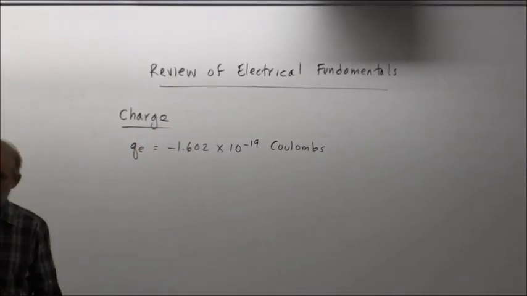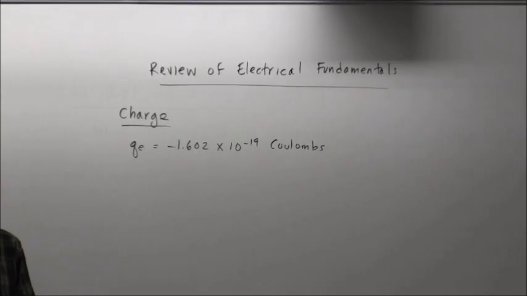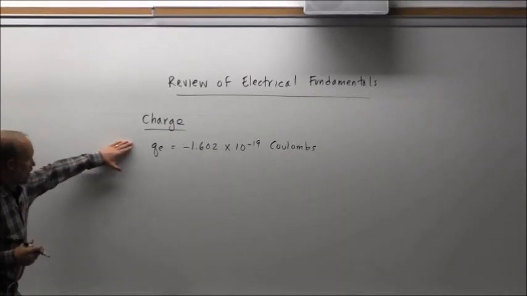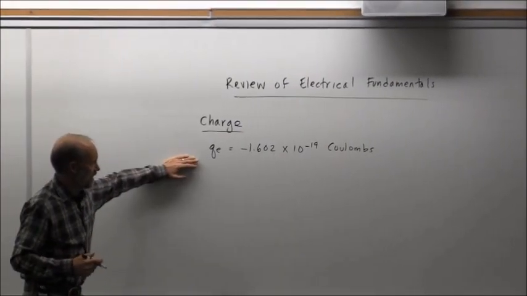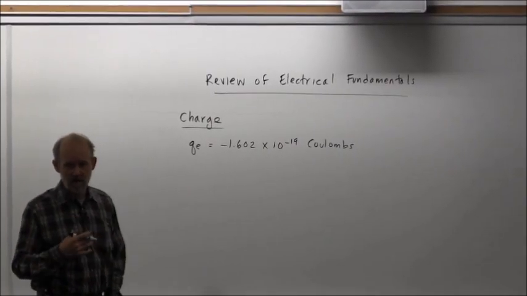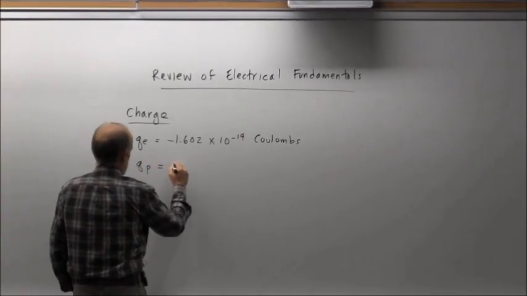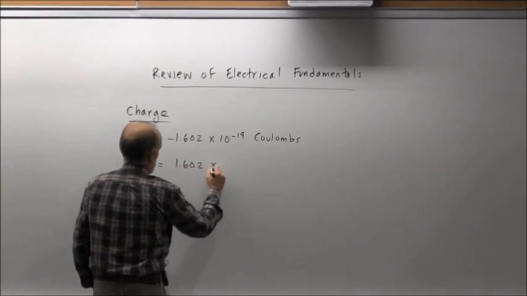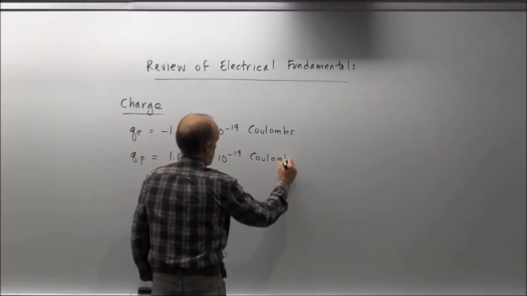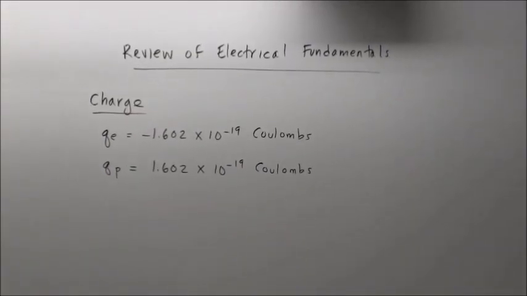I just want to make sure as we get started that everybody's on the same page, that we essentially have the same understanding, the same perspective. So just a couple of quick things to review. Charge on an electron is given as negative 1.602 times 10 to the negative 19th. Charge is measured in coulombs. And then charge on a proton.